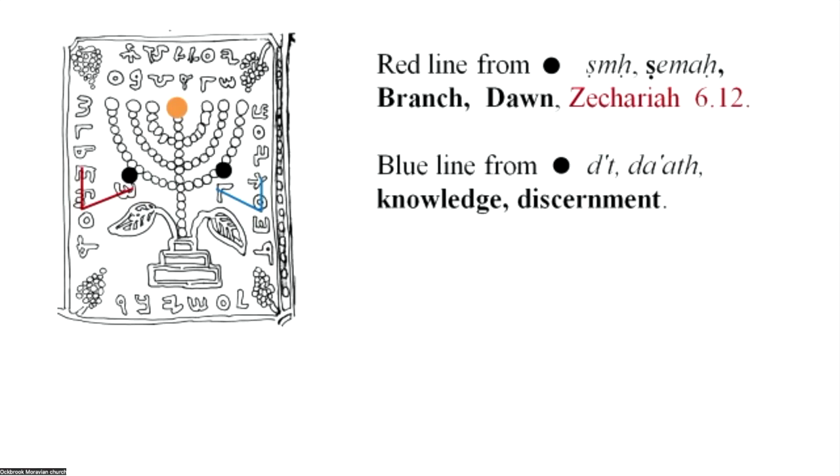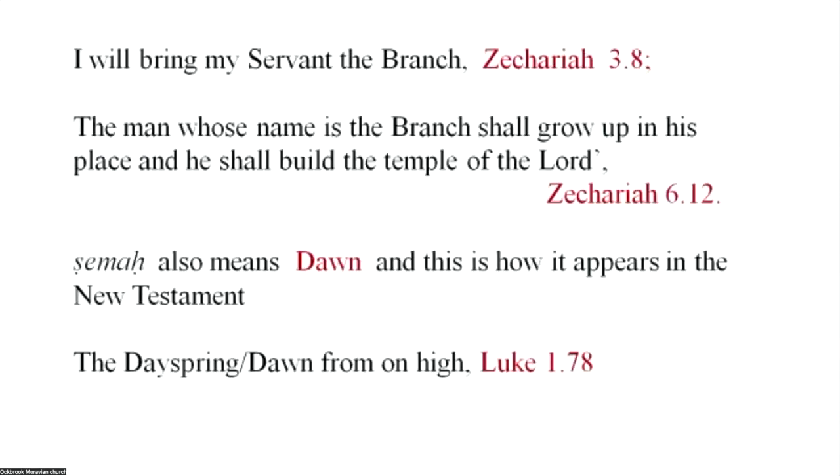But if you look on the left, you have the branch or the dawn. The exact mirror image is knowledge or discernment, dahat. So Zechariah says, I will bring my servant, the branch. The man whose name is the branch shall grow up in his place, and he shall build the temple of the Lord.